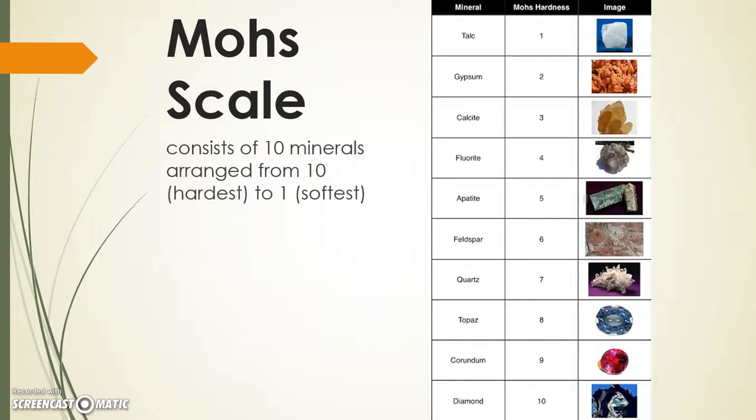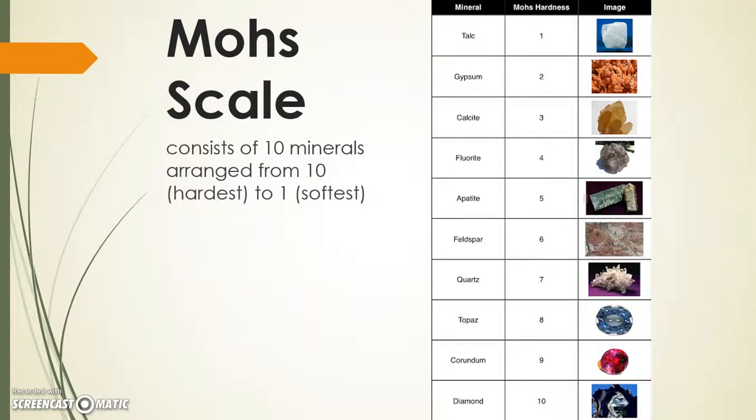Moving on down, take a look at number 3, calcite. Calcite is similar to your fingernails. So that's a 3. Think about how easy it is to cut into or to scratch your fingernail. It's actually pretty easy to do.